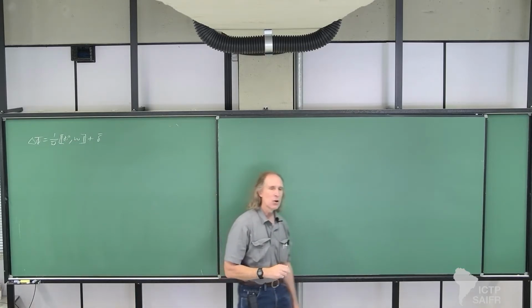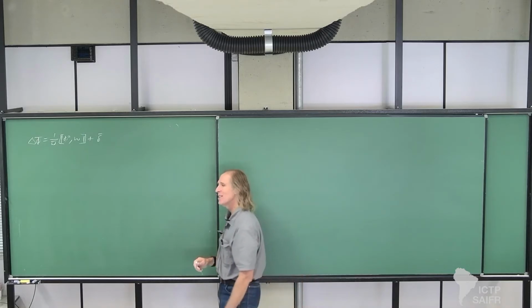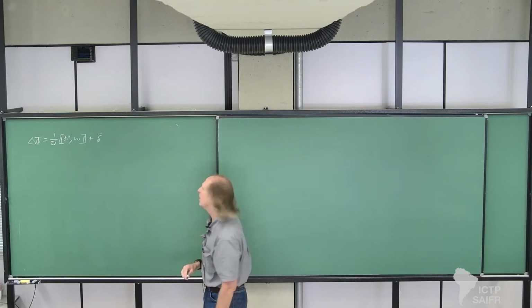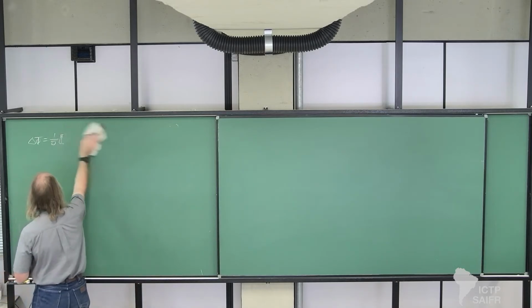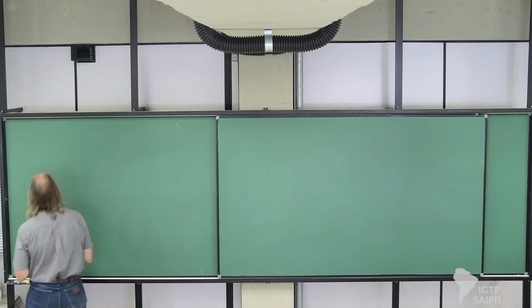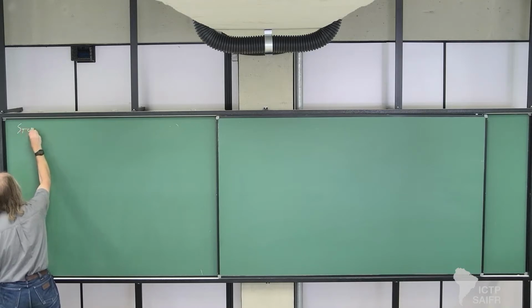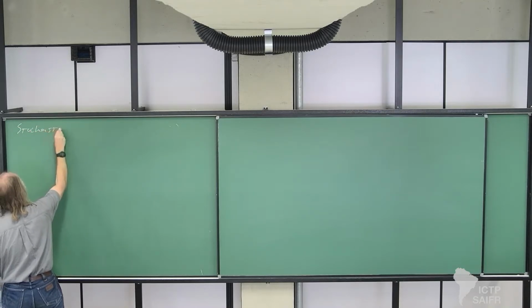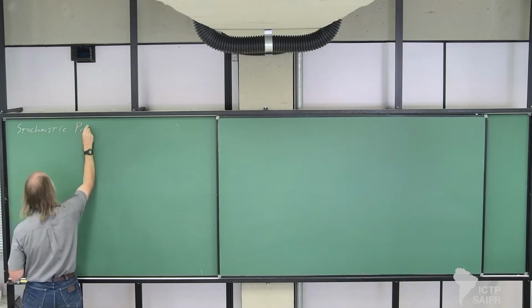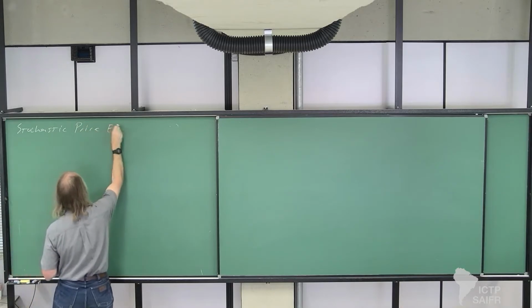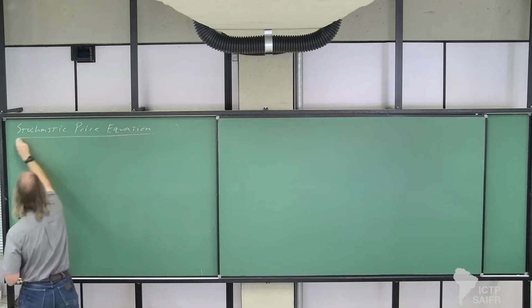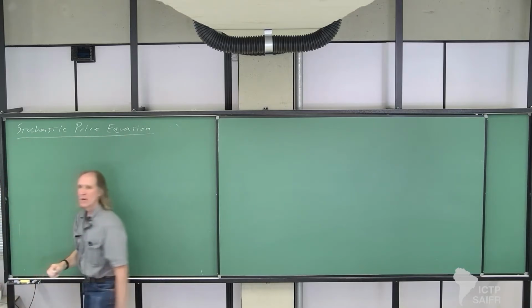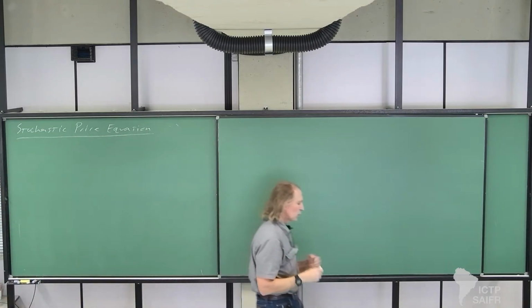Okay? So we want to modify this. We want to make this stochastic. In particular, we want to derive a stochastic Price equation, because this is what we'll want to look forward.